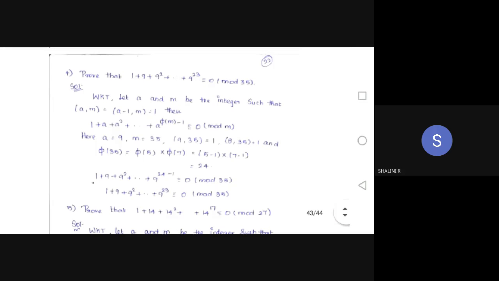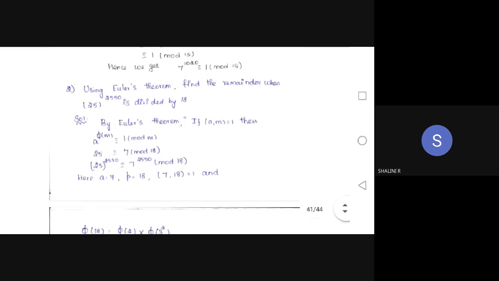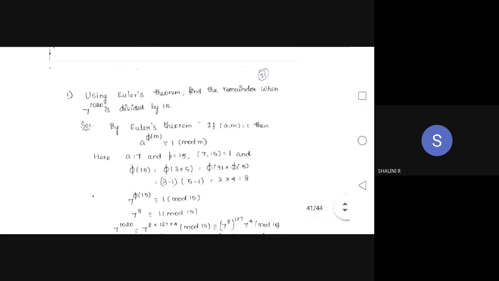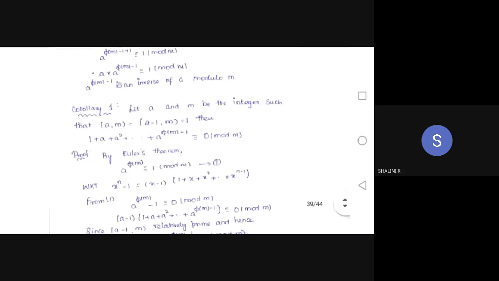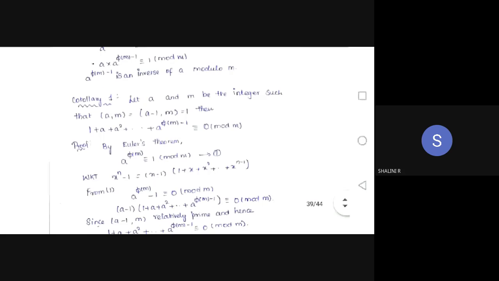Next problem: prove that 1 plus 9 plus 9 square plus and so on up to 9 power 23 is congruent to 0 under mod 35. Now look at corollary one.